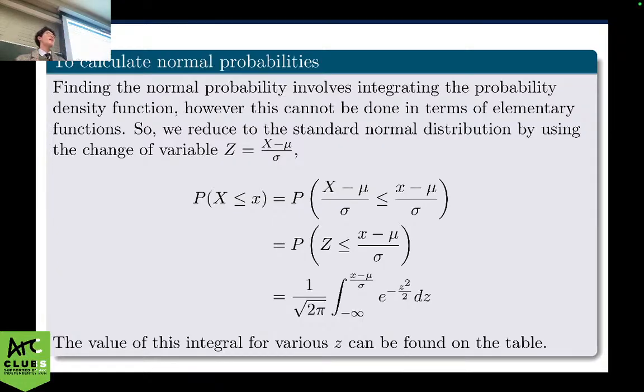Meaning that whenever we have a normal variable in general, we want to standardize it to the standard normal distribution using the formula Z = (x - mu) over the standard deviation. So in this way, we can compute the Z, almost like a Z score. And so we find our probability in this form and then use the table.